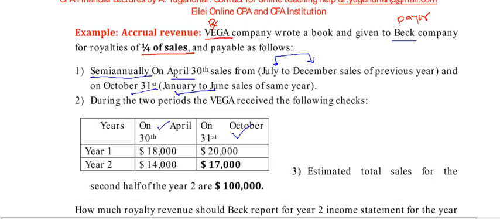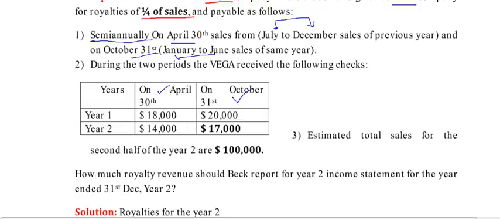According to the Vega books, we have royalties like this for year 1 and year 2. These are related to the previous year, and this is related to the current year.